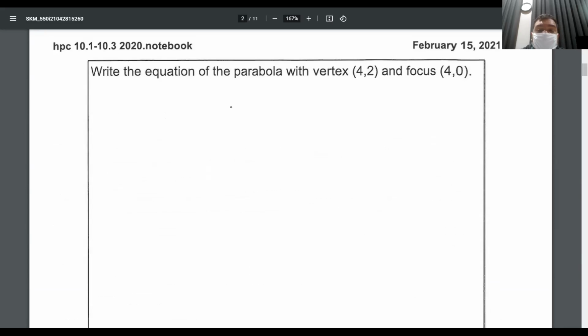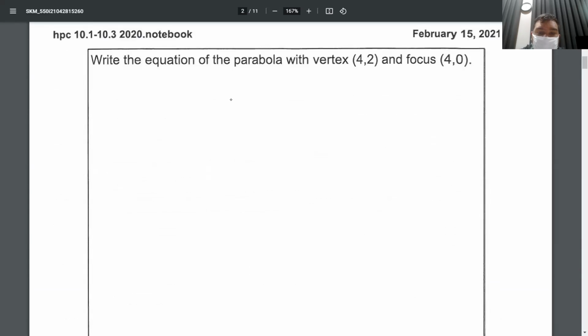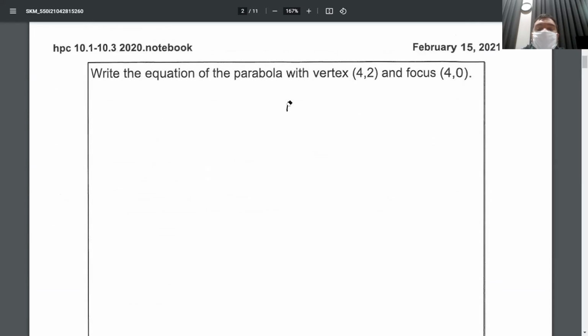Write an equation of a parabola with vertex 4, 2 and a focus of 4, 0. So what does that mean? So let's look at that. First off, before we even start, because technically we've got two equations, one for vertical, one for horizontal, we need to see the relationship between the vertex and the focus.